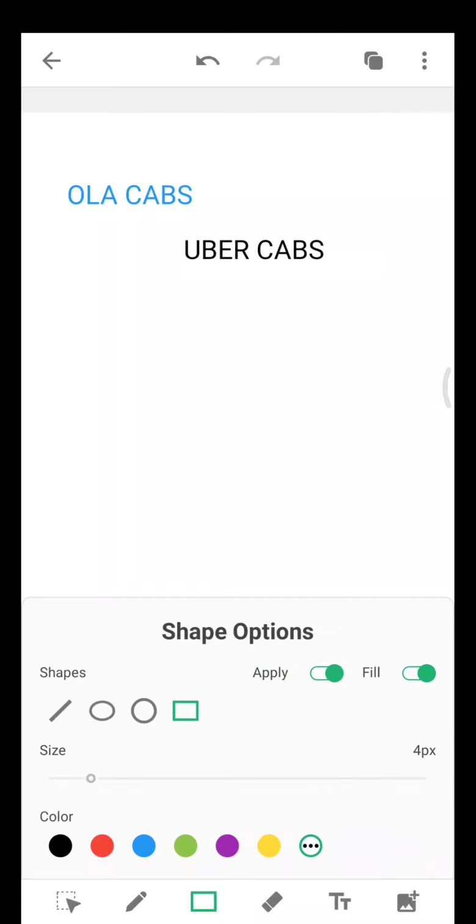So when you hire a cab, if you are traveling from point A to B, say from your home you're traveling to your school. B is your school, point A to B.